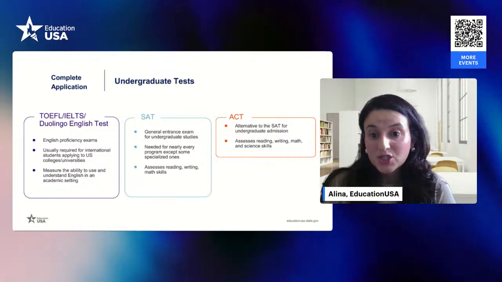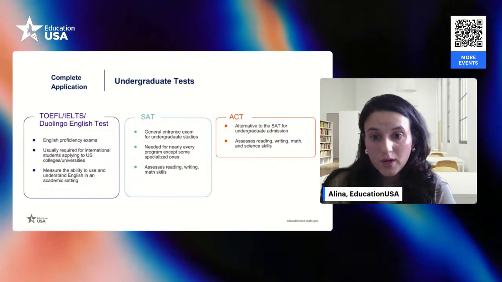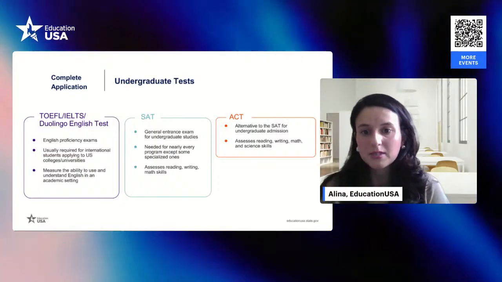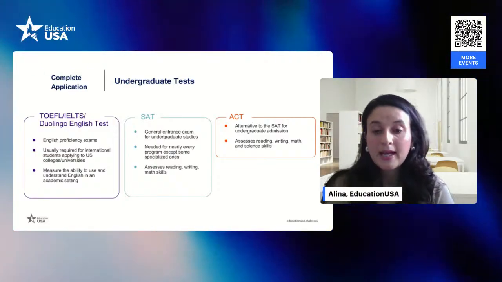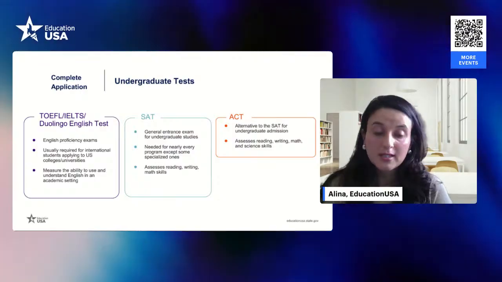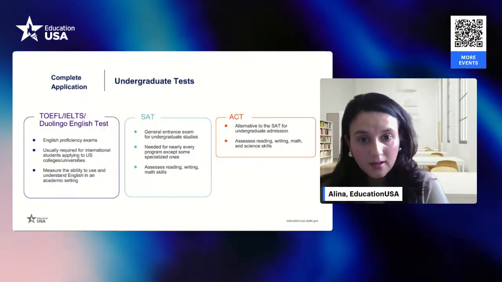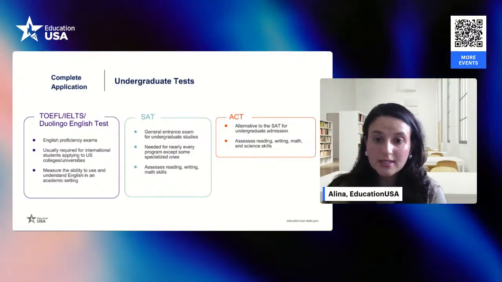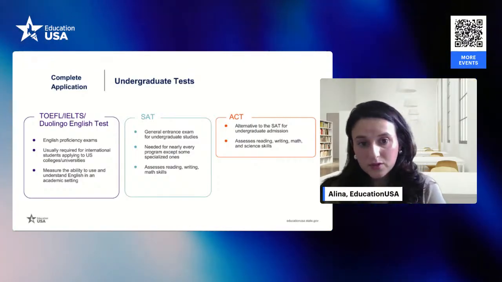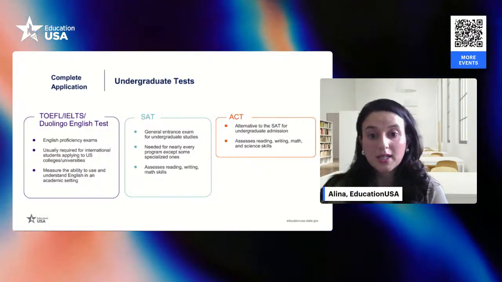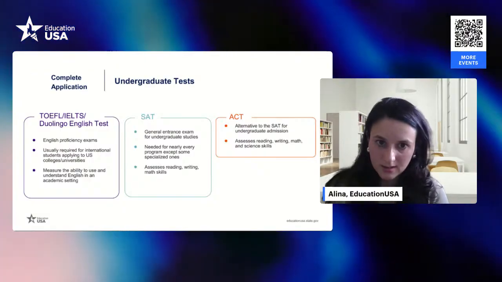SAT is a general entrance exam for undergraduate studies. It's needed for nearly every program except some specialized ones. It assesses reading, writing, and math skills. Then we also have ACT. That's also a standardized test. It's an alternative to the SAT for undergraduate admission, and it also assesses your reading, writing, math, and science skills.